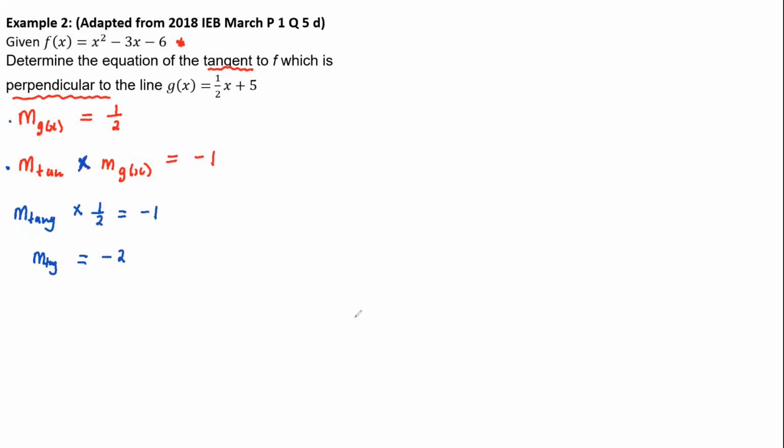Okay, fine, good. But I'm not looking for the gradient of the tangent. I'm looking for the equation of the tangent. Now, we need to understand this. Since the tangent is a straight line, when looking for the equation of a straight line, you need two things, right? You need a point on that line. Then secondly, you need a gradient of that line.